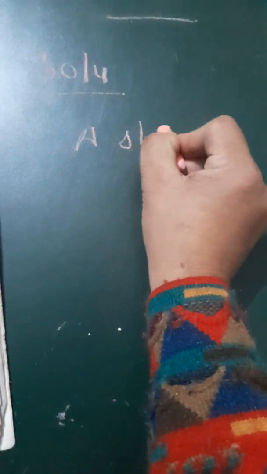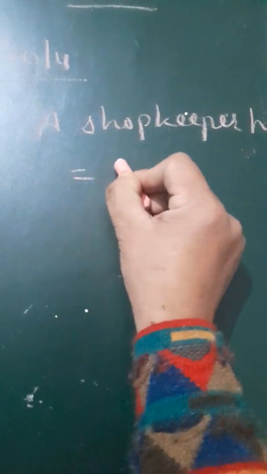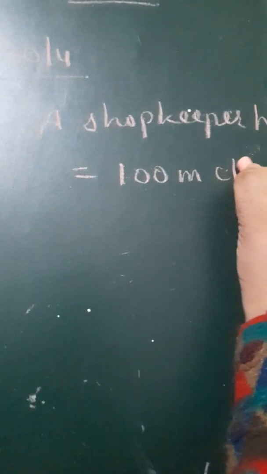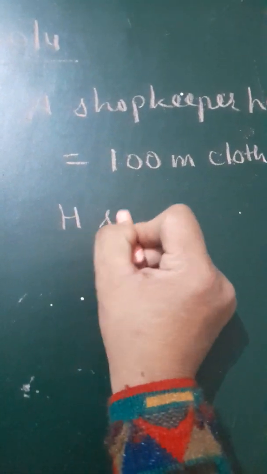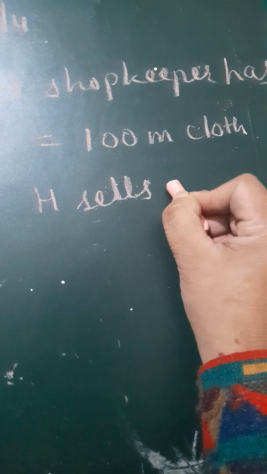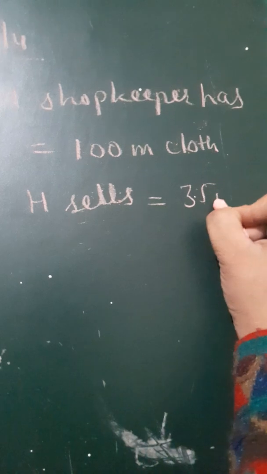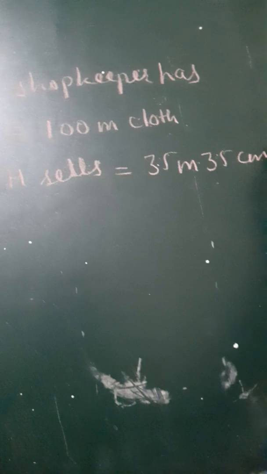We'll write a shopkeeper has is equal to 100-meter cloth. Okay. He sells is equal to 35 meter and 35 centimeter cloth.